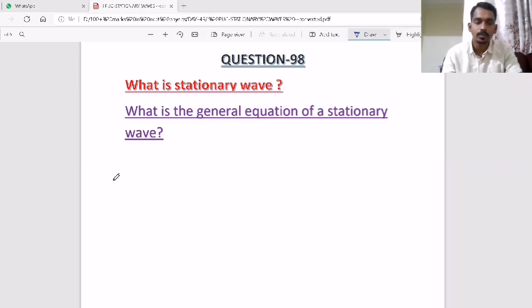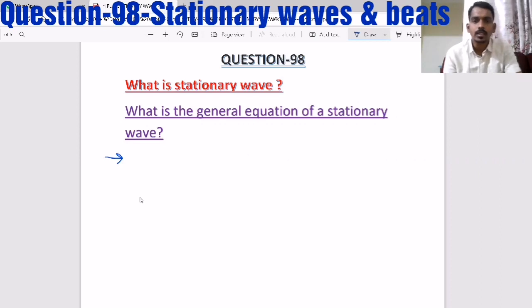Now we are going to study stationary waves. So what is a stationary wave? A stationary wave is a wave which is confined between two fixed positions.